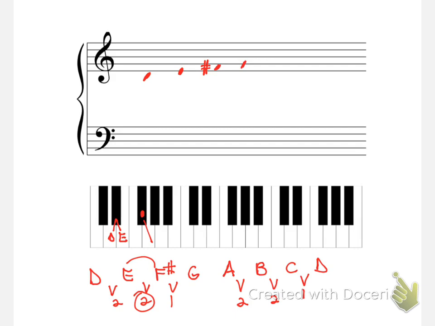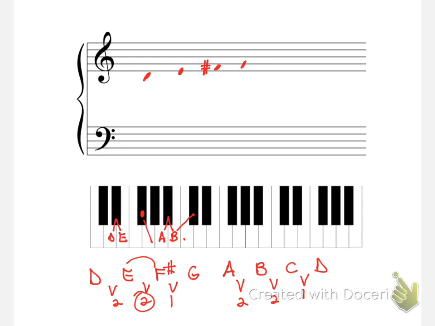So starting on A, here's A right here. 2 half steps above A would place me here on B, so I don't have to do anything there to the B. But 2 half steps above B would actually place me here on C sharp. B to C natural is only 1 half step, and then C to C sharp is another half step.